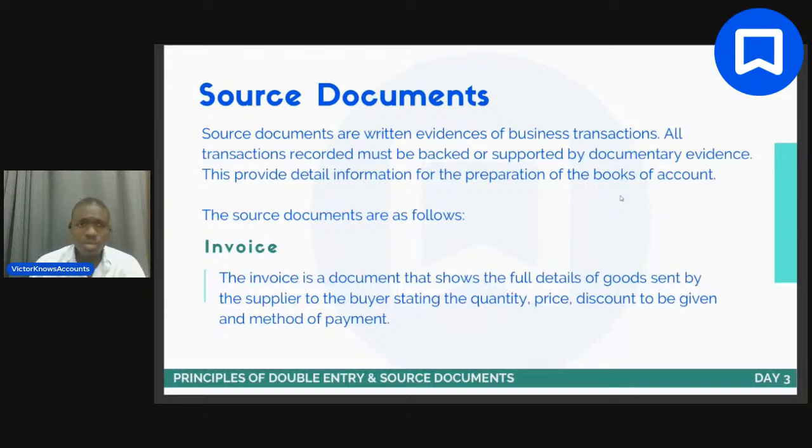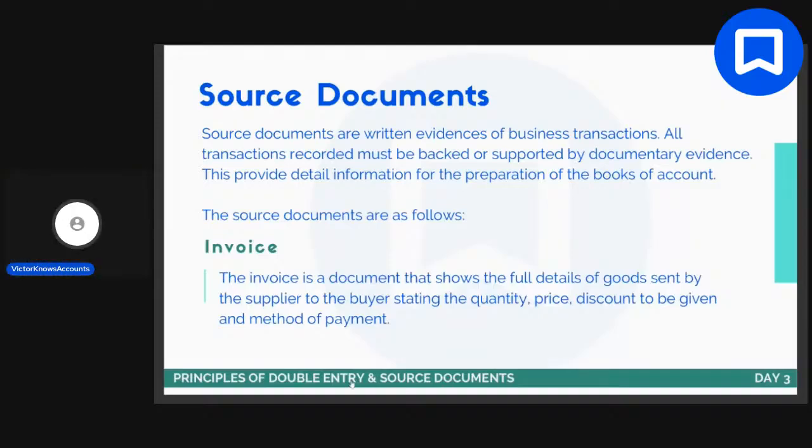So we have invoices, receipts, debit notes, credit notes, and all others. Now let's talk about the invoice. The invoice is a document that shows the full details of goods sent by the supplier to the buyer, stating the quantity, price, discount to be given, and what?